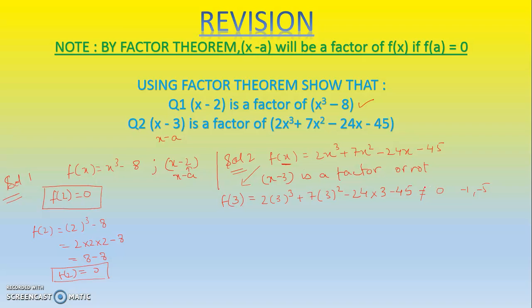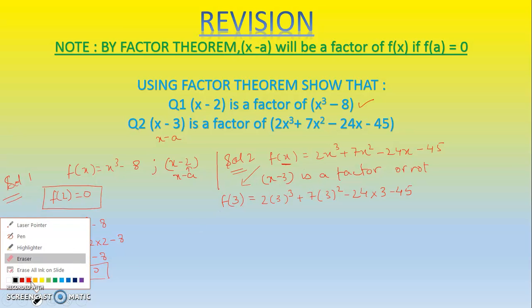The only thing is, if it is equal to 0, then we will say it is a factor. If it is not equal to 0, then we will say it is not a factor. I hope you have followed, students. It is clear. So we will solve and check.